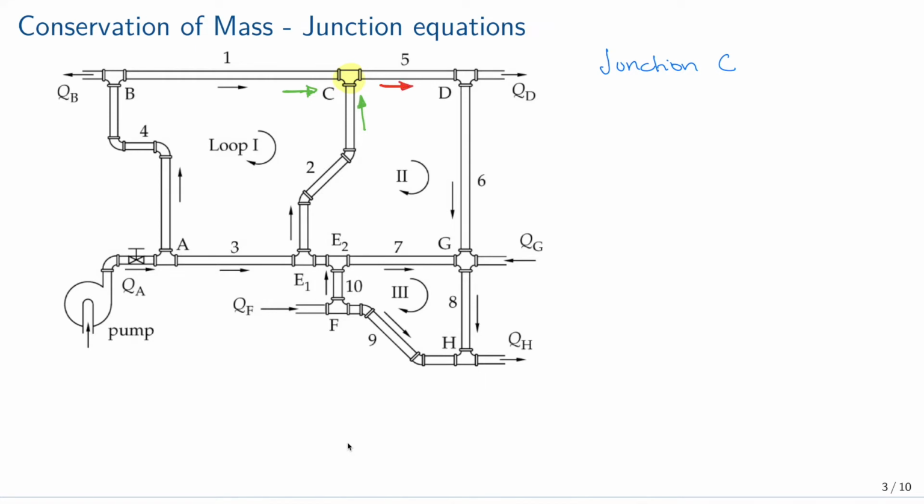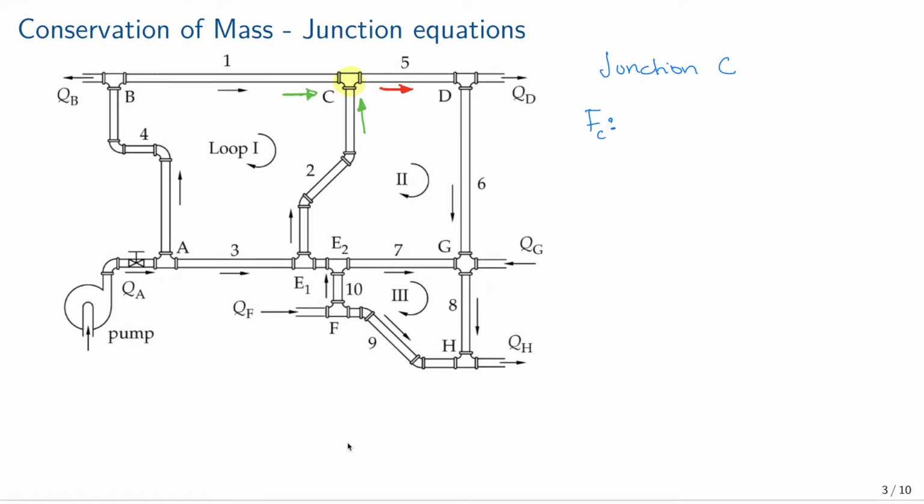So let me call this F at C. For the conservation of mass, going out is positive and coming in is negative. So we have minus Q1 minus Q2 plus Q5, and that should be equal to 0.